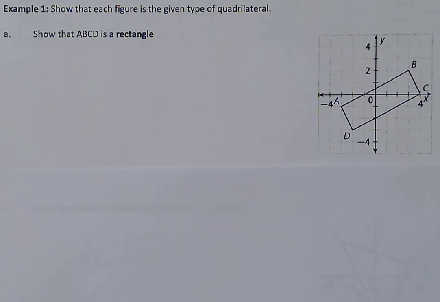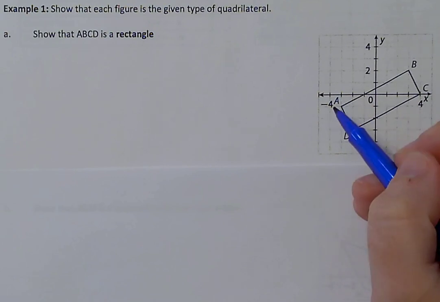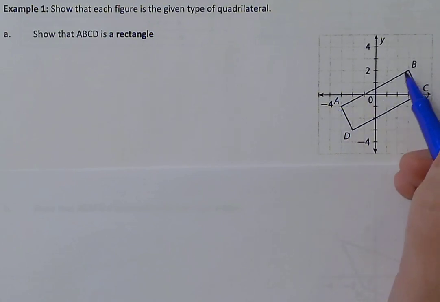If all four angles are 90 degrees, that means AB needs to be perpendicular to BC, BC needs to be perpendicular to CD, and CD needs to be perpendicular to AD, and AD needs to be perpendicular to AB. So we need to go through and show that all these lines are going to end up being perpendicular to each other. So our goal is to go through and identify the slope.